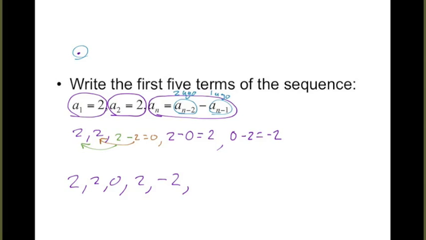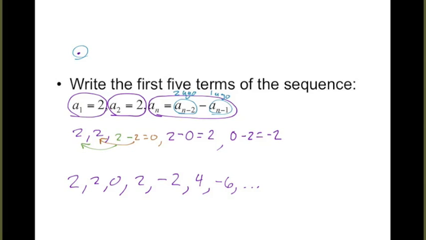So then I'm going to take 2 ago, which is this positive 2, minus the one right before it, negative 2. So 2 minus negative 2, I get 4. 2 ago, negative 2, minus 1 ago. So negative 2 minus 4 gives negative 6, etc. And that pattern would continue.